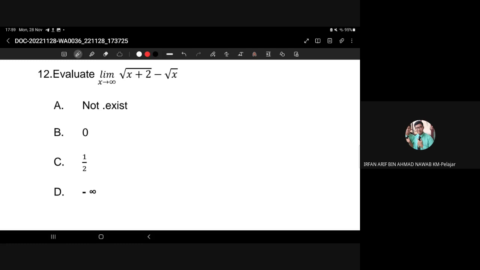Okay. So evaluate this limit as x approaches infinity.